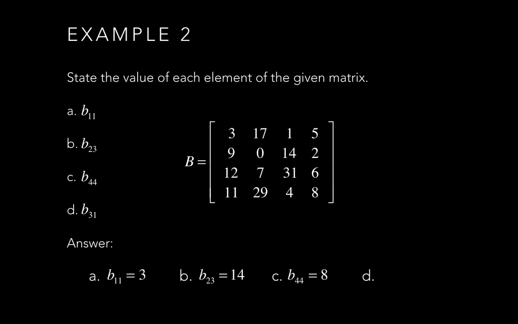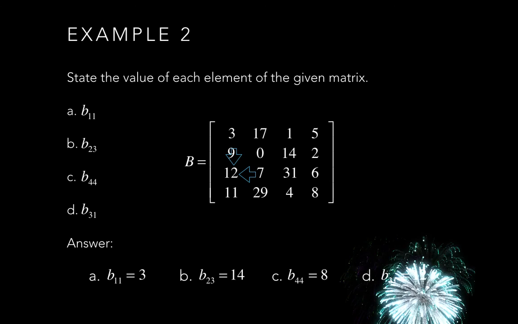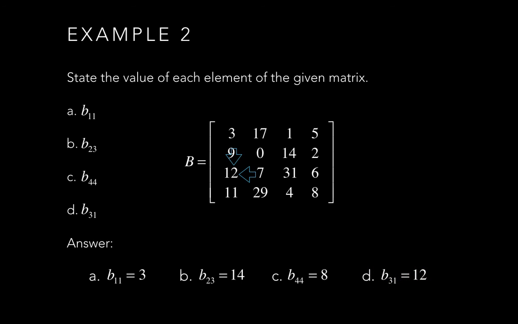So go to row 3, but the first column. So in row 3, look at that first column, and that is 12. So we will write down that B31 is equal to 12.